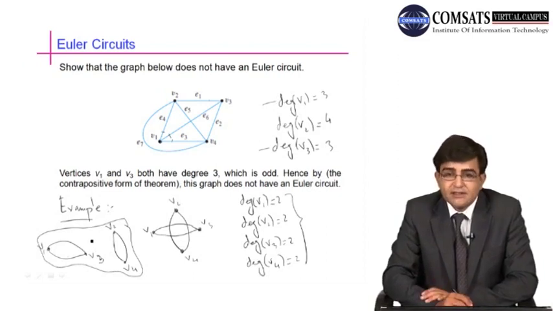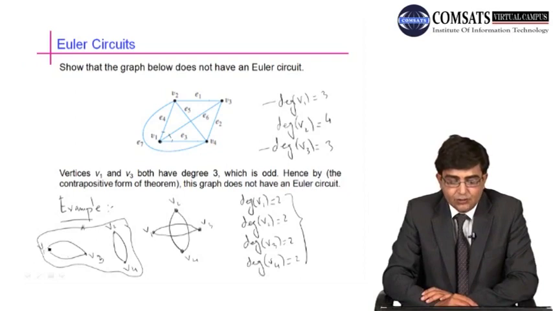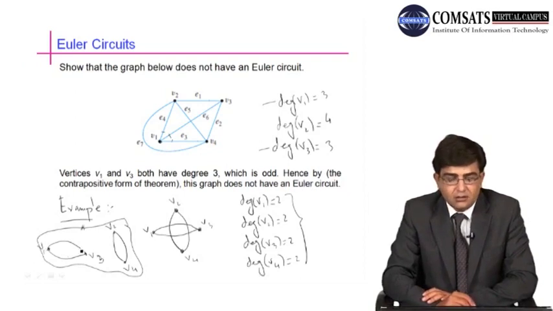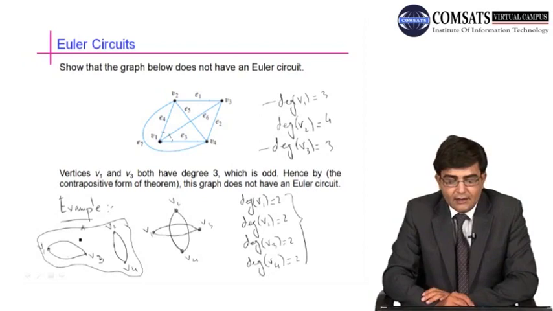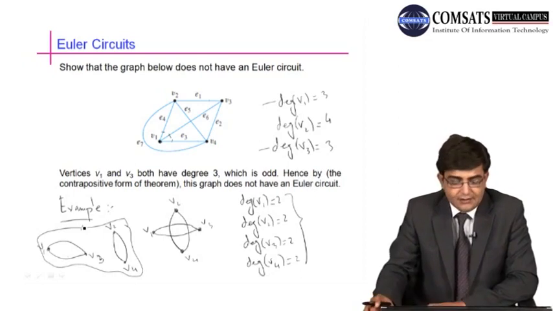Even a simple circuit we cannot construct here, because we cannot use all the vertices and all the edges. So according to the theorem and according to the definition, every vertex of this graph has even degree, but even then an Euler circuit doesn't exist. So for an Euler circuit to exist in any graph, the graph must be connected.